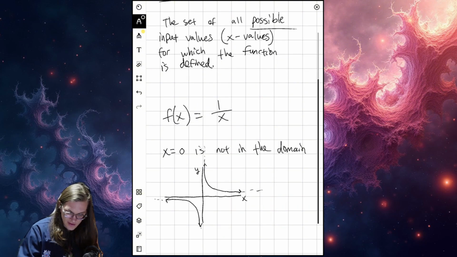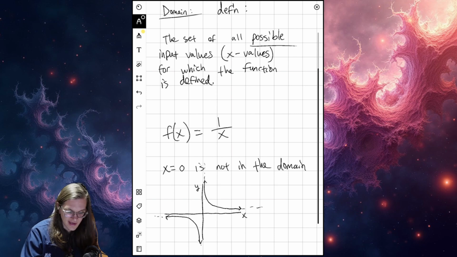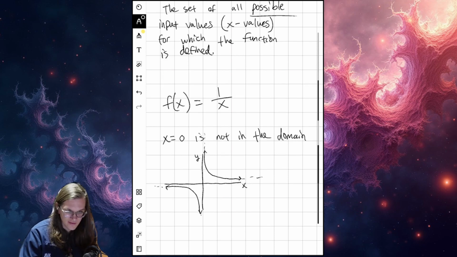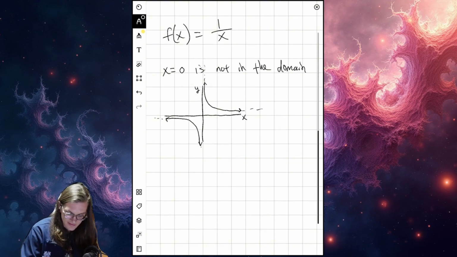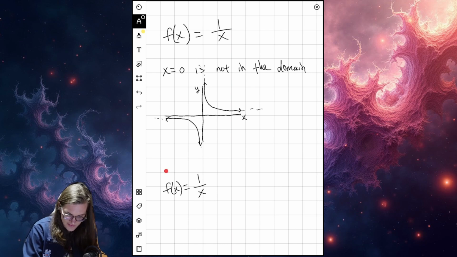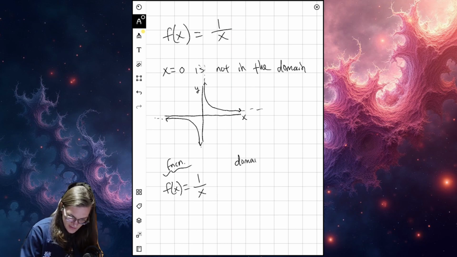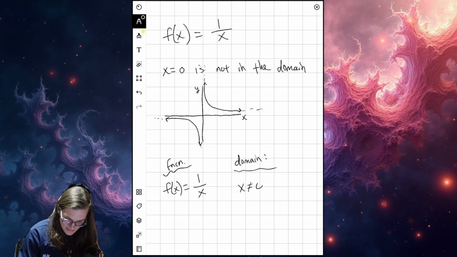So don't get caught up on this though. The only reason I brought it up is to show why we even care about the idea of a domain, right? So f of x equals 1 over x, so this is a function. For this function, the domain is x does not equal 0, is one way to write it.